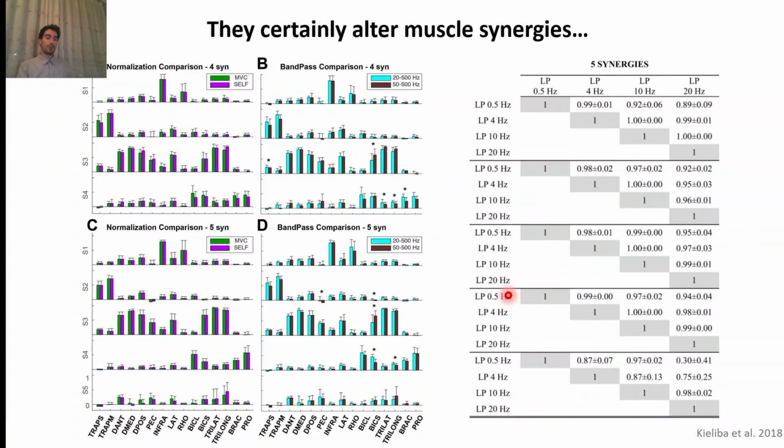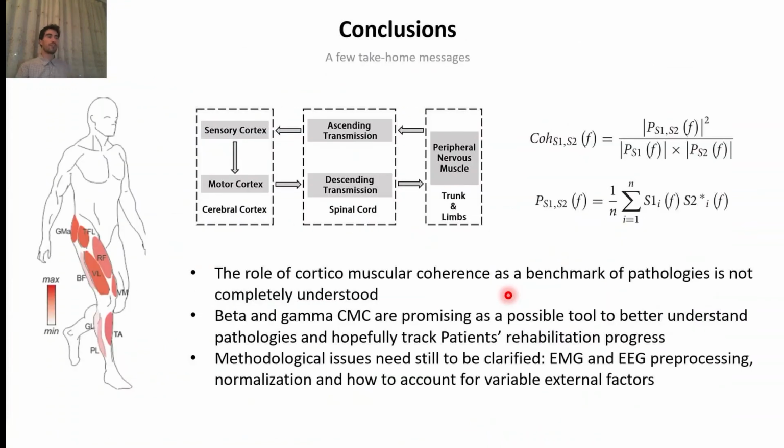Now, let's go to the conclusions and a few take-home messages that I want you to have. First, I would say that the role of cortico-muscular coherence is important as a benchmark of pathologies which are not completely understood. You saw that you can differentiate healthy patients and pathological patients.